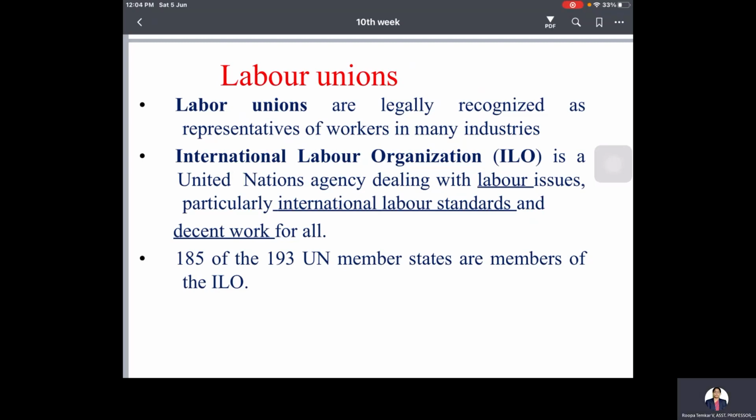Once we understand the role of unions in IHRM, then we have to understand the international workforce and the international HRIS system. The international workforce, so far we have discussed, is where the workforce are working with multicultural and ethnic groups.